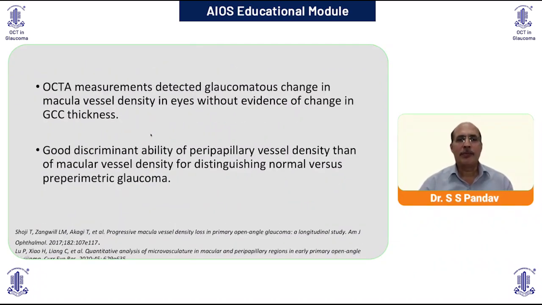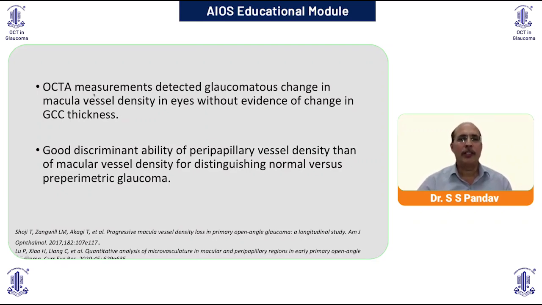Now, OCTA measurements detected glaucoma change in macular vessel density in eyes without evidence of change in the ganglion cell complex. Now, this is important. In the macular area we also have the retinal ganglion cell thickness, and the retinal ganglion cell complex also undergoes thinning in glaucoma patients on OCT.